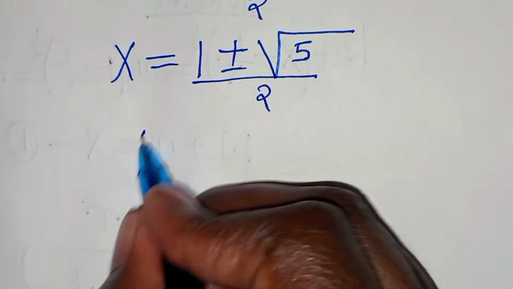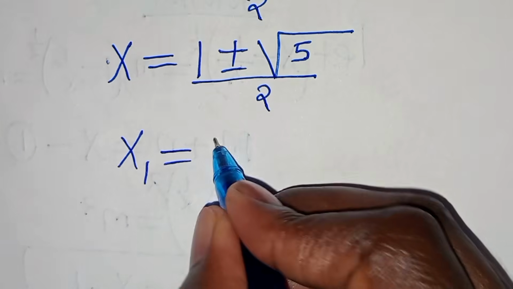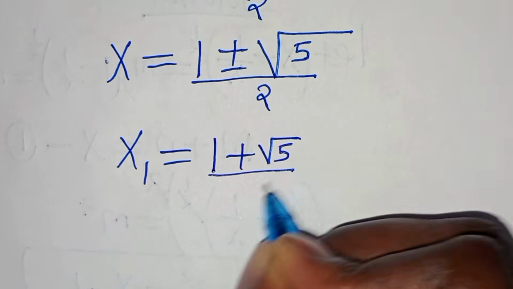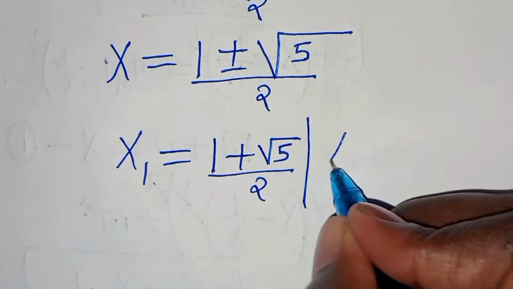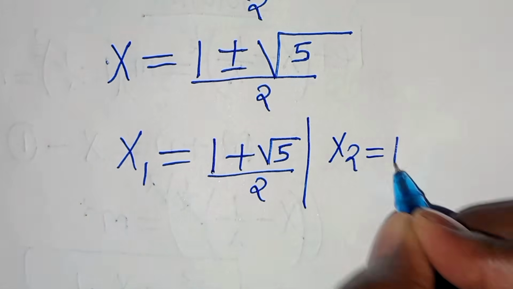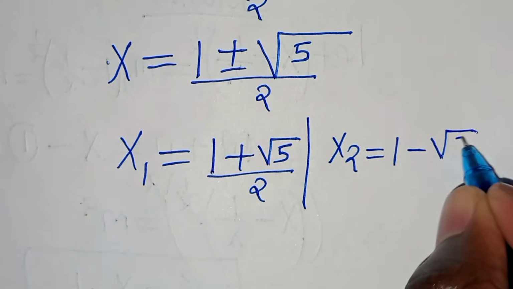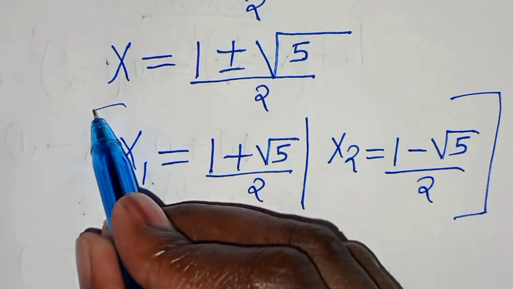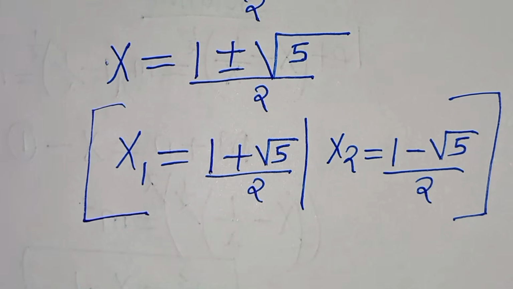So we have x1 equal to (1 + square root of 5)/2, and x2 equal to (1 - square root of 5)/2. So these are the values of x, x1 and x2.